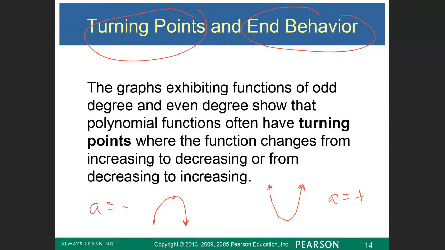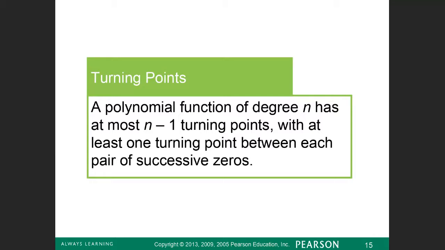And there is a formula for the turning points also, and that's n minus 1. Okay, so it makes sense because when you have a parabola, that's power of 2, n minus 1, so n is 2 there, 2 minus 1 is 1, so you have only one turning point for a parabola, which is the vertex. So here's the turning points.